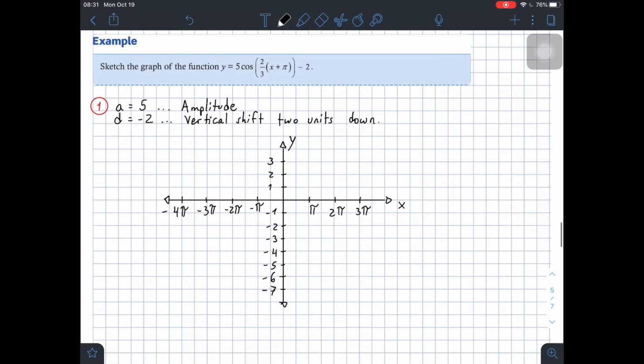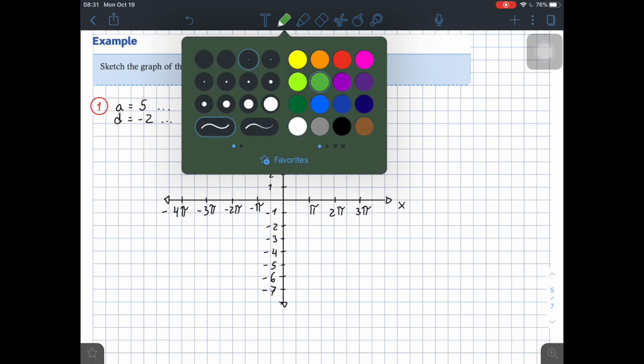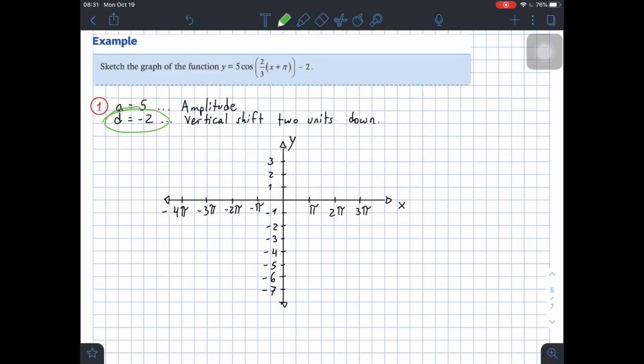So once I have identified the value of a and the value of d, I can mark these values by using a straight line. You will see later on why this is useful to do. I'm going to mark first the value of the axis. The value of d will always represent the axis of my trigonometric function.